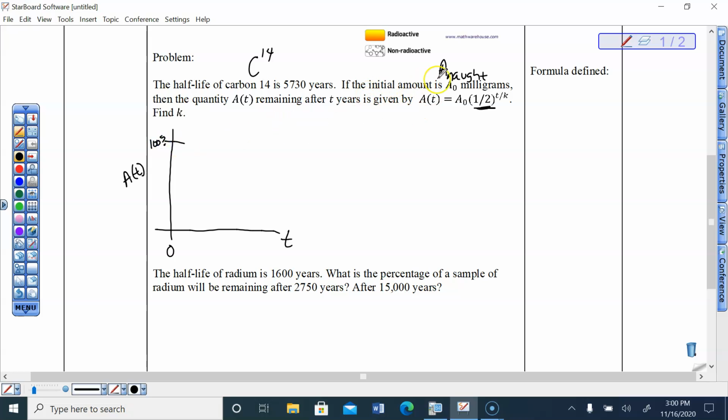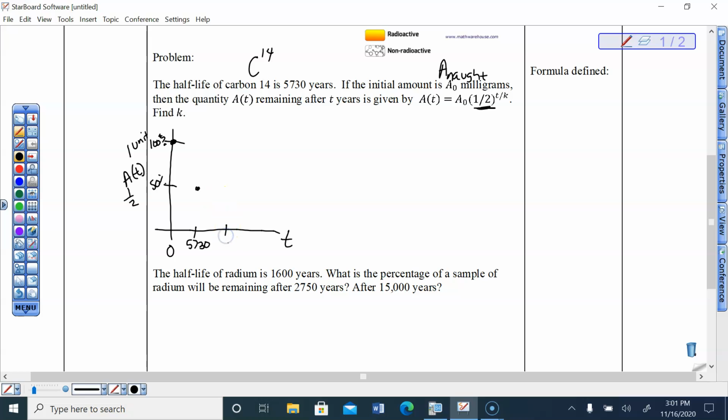We don't have an initial amount here, so we could consider it as 100% of the carbon-14. We could also consider it 1 unit if we'd like. That's up to you how you want to look at that. And your time could be in years, so at 5,730 years, we would be at 50%, or maybe half a unit, and so that would be that value. And up here, let me put at 0 years, we have 100%.